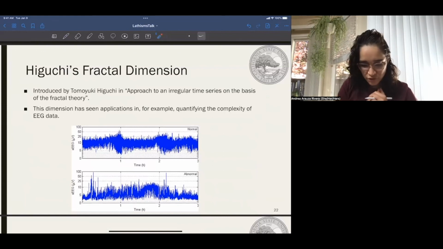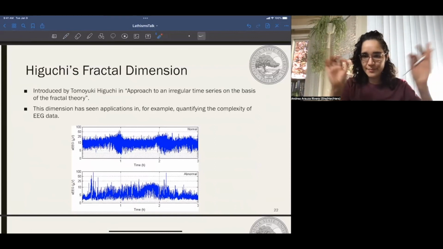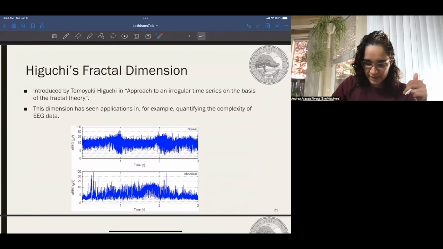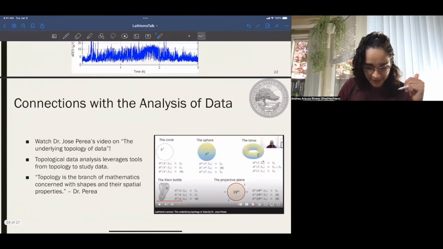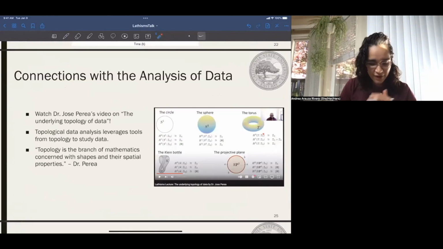I won't quite show you how you find this dimension, but it very much relies on the fact that this is time series data. Okay. So this is something people have done in the past. People have actually used this. There's a number of studies that have tried to use Higuchi's dimension to differentiate between different sets of EEG machine data.